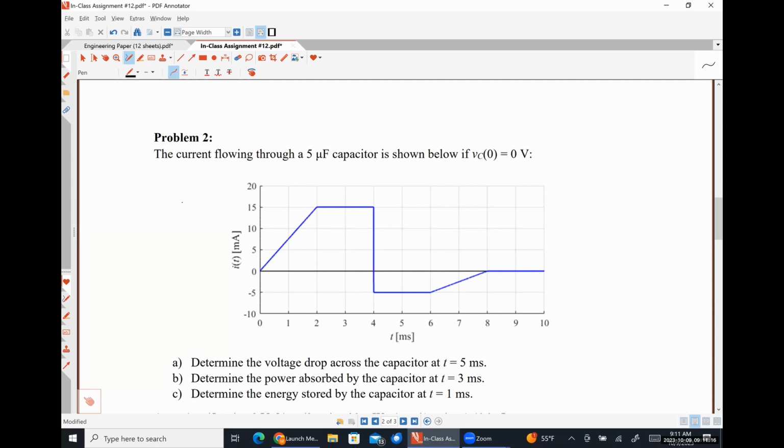To some extent, yes. And if you look at your practice exams, you will see that there will be a problem in the capacitor and inductor section where I ask you to determine the energy stored in a DC circuit that contains both a capacitor and an inductor or something like that.